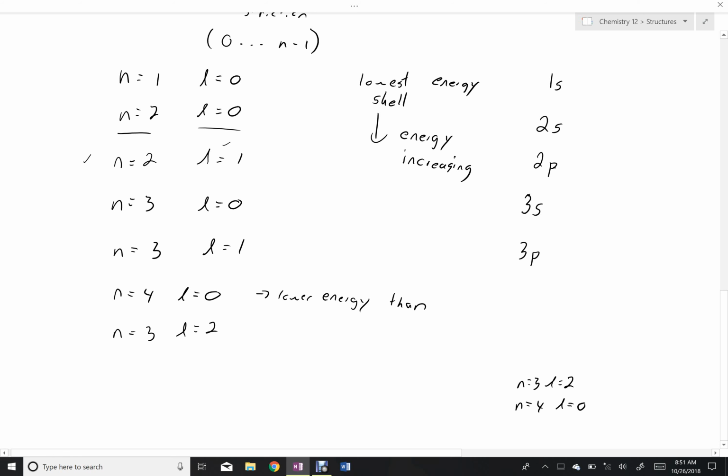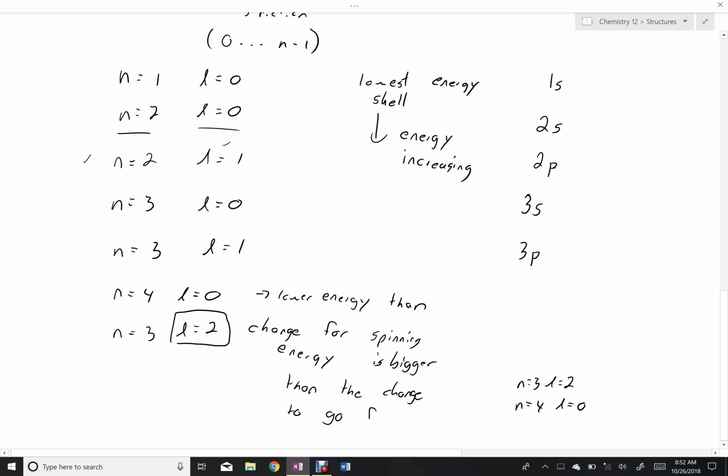The reason here is that the spinning energy, the change for spinning energy, is bigger than the change to go from 3 to 4. So this is bigger, but it has no spin or no angular momentum.